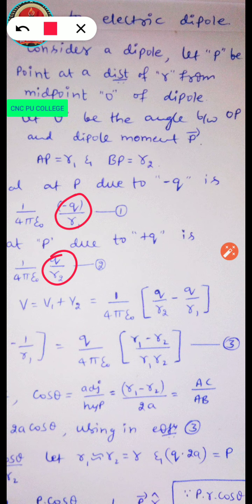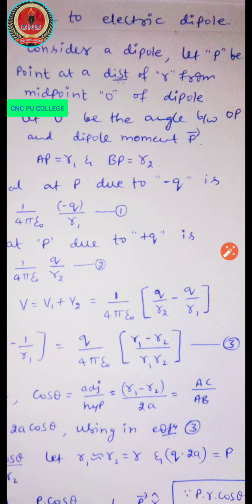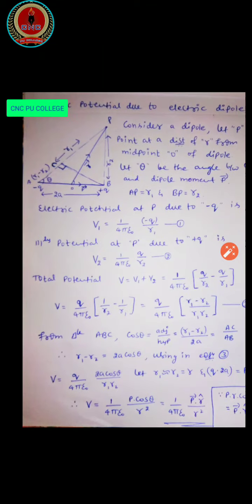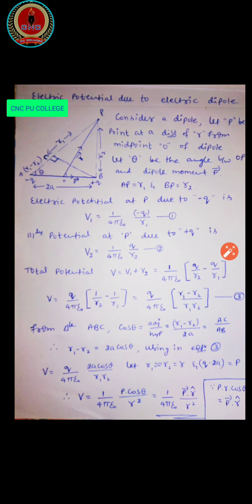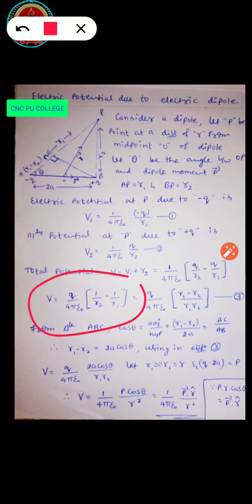We can take Q also common. So V is equal to Q by 4 pi epsilon naught times (1 by R2 minus 1 by R1).